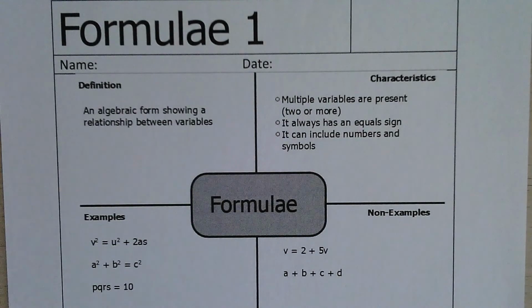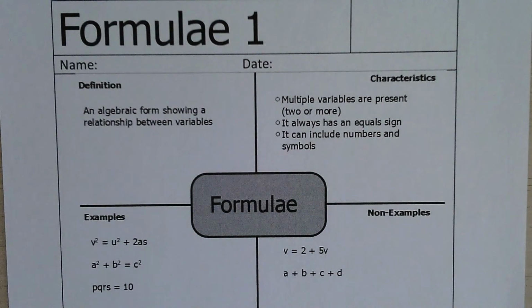Our next formula you might recognise from previous maths lessons. We have a squared plus b squared equals c squared. Again, we have multiple variables of a, b and c. And our last example is PQRS equals 10. Again, we've got an equal sign and more than one variable.